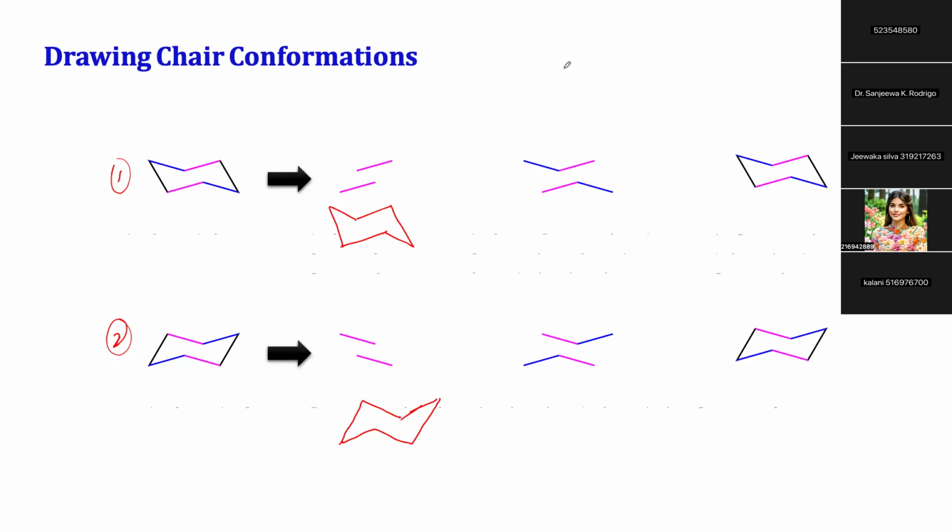If you have a pen and a paper, 2 lines, then make it an upside down V, then join. And the other one, 2 parallel lines, make it an upside down V, then join them.